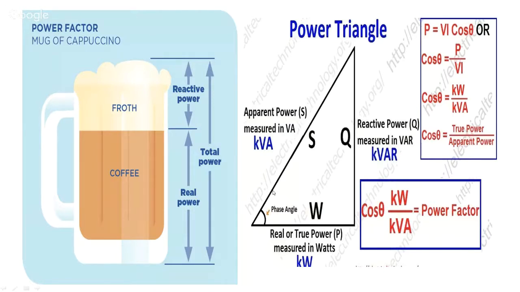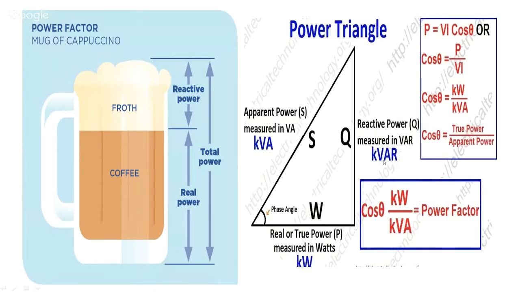When this is represented in a power triangle, you can see here this is the phase angle. The true power or the real power is measured in kilowatts. The perpendicular one here is the reactive power, which is measured in VAR, that is volt ampere reactive.